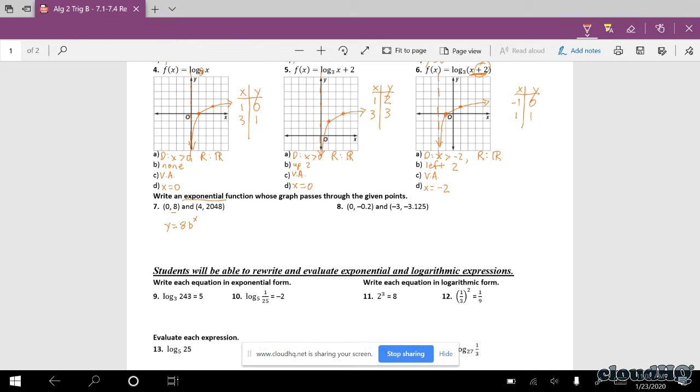And so what I do is I take the ordered pair that doesn't have the 0, call that my x and my y. So plug them in. So 2048 is equal to 8 times b to the 4th power. So I would first divide by 8, get 256.